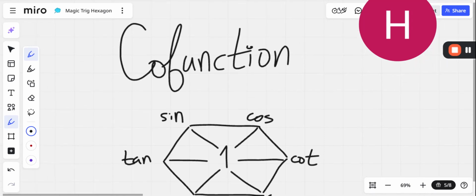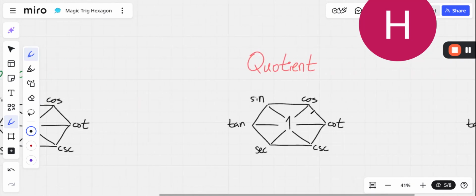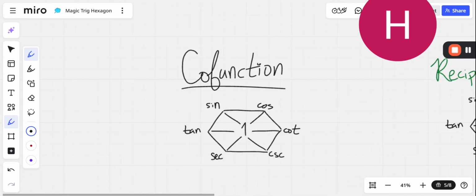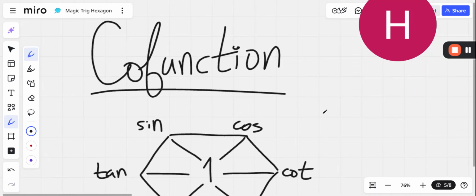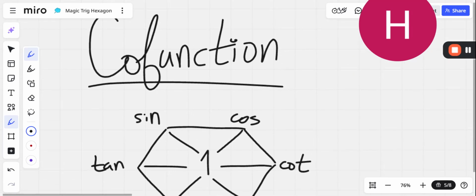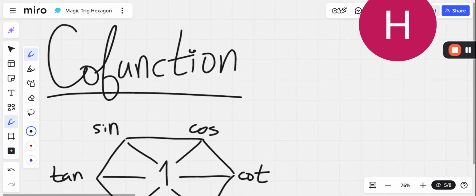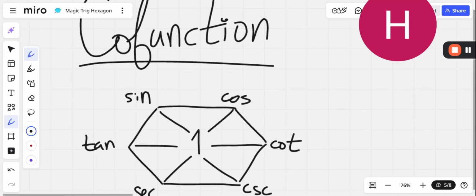As I've labeled this hexagon, I've repeated it several times because there are different types of identities that we're going to be able to use the same diagram for. The first one, which is the easiest one, is simply the cofunction. Now, what is a cofunction identity? Well, a cofunction, like sine and cosine, as the name suggests, you can see that they're right next to each other, left to right.